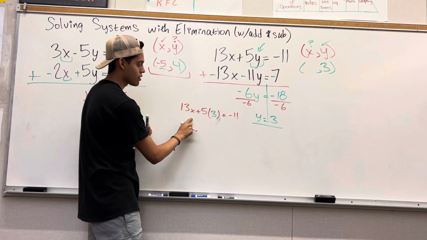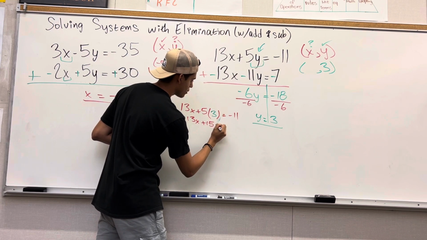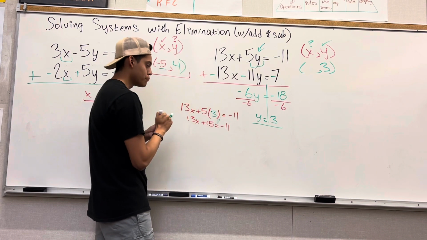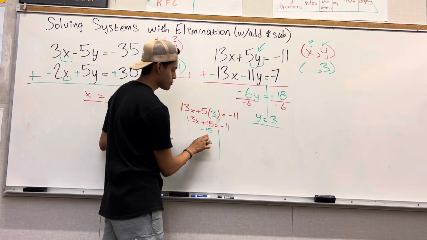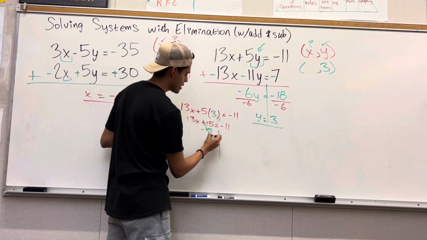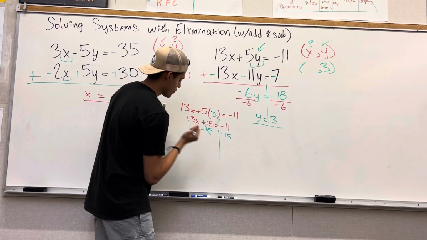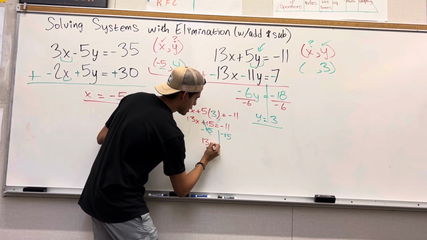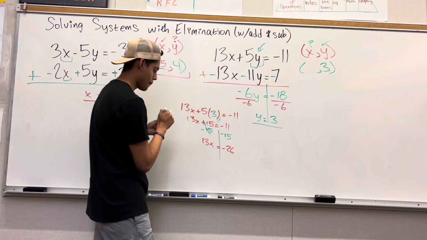All right, now we're trying to solve for x. We simplify the problem. 13x plus 15 equals negative 11. You move out the 15 because we want x by itself. Move it to the other side. Subtract 15 from both sides because it's the opposite. That becomes a 0. And then we have 13x equals negative 11 minus 15, which would give you negative 26.